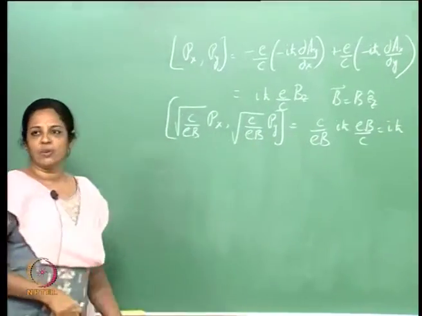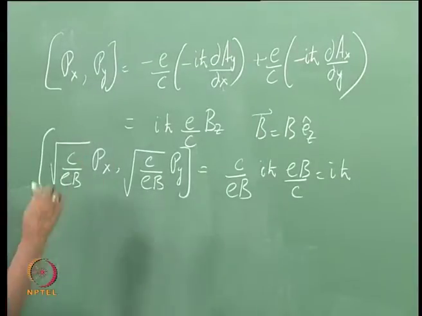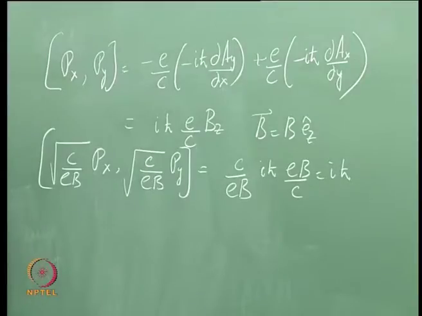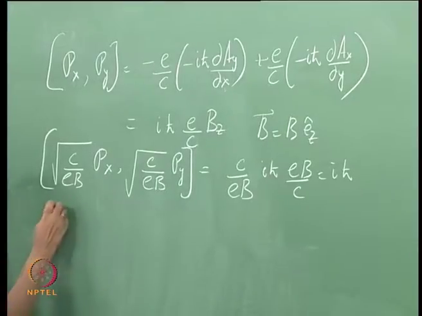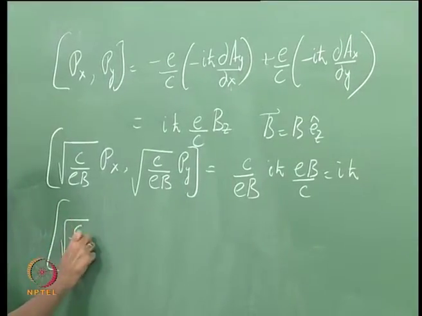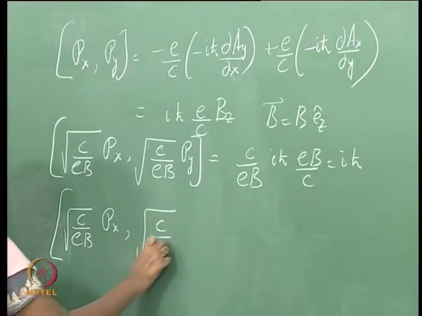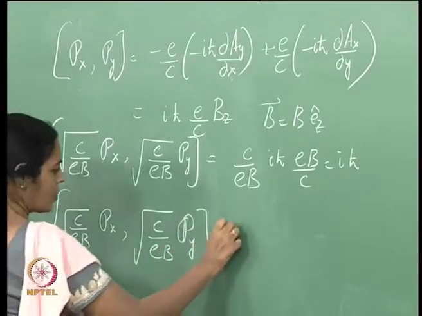There is an identity operator there, but by now we know that we do not have to put it in, but it is there. And therefore, this is the commutation relation that I have, which is analogous to the commutator of X with P. So, I have root of c/eB Px, root of c/eB Py is iħ times identity.